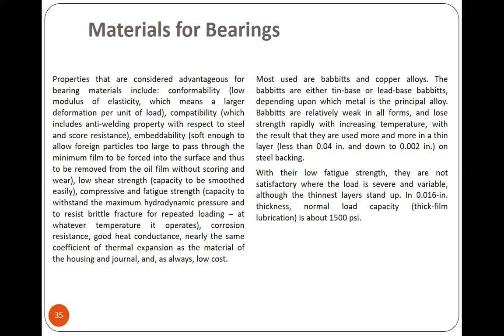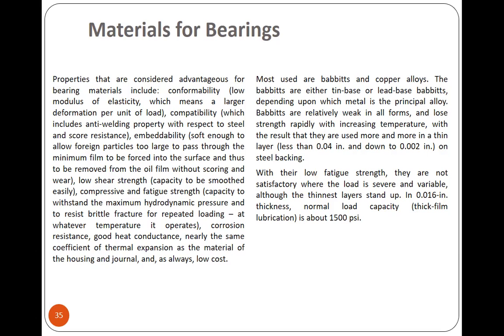Kasi pag didikit yun, so anti-welding dapat. Embeddability, soft enough to allow foreign particles to pass through the minimum film to be forced into the surface and thus to be removed from the oil film without scoring and wear. Next, low shear strength, capacity to be smooth easily.